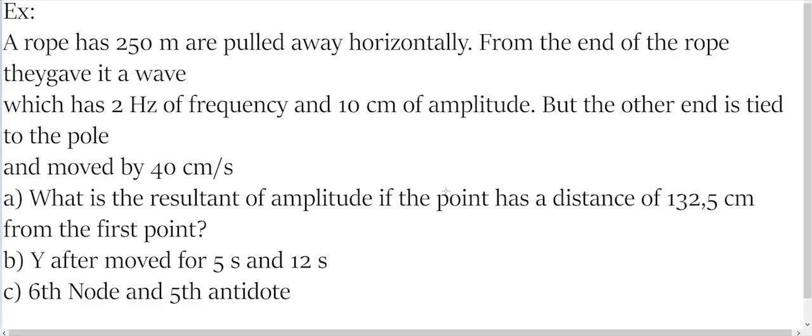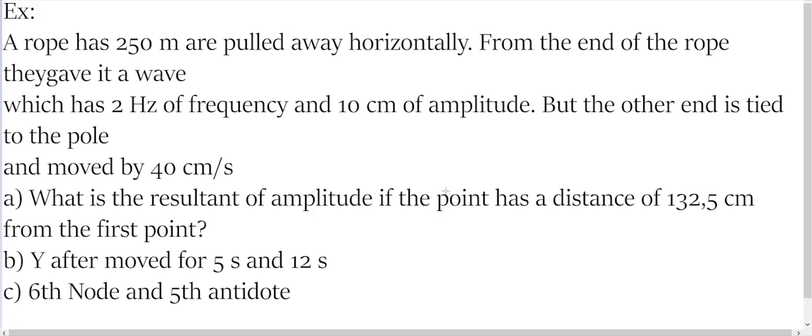So I have an example question for the bound and stationary wave here. A rope that is 250 centimeters long is pulled horizontally. From the end of the rope, they give it a wave which has 2 hertz of frequency and 10 centimeters of amplitude. But the other end is tied to a pole, and the wave moves at 40 centimeters per second.